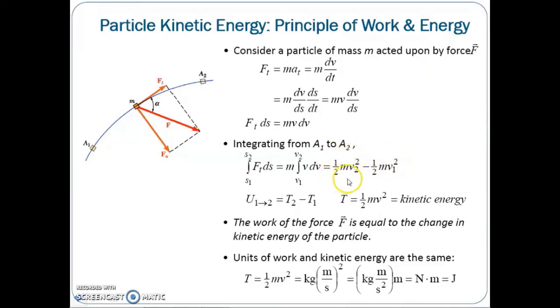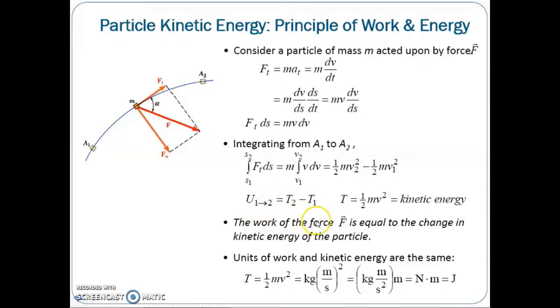And this 1 over 2 m v squared can be represented as T, and we call this the kinetic energy. So the principle of work and energy, in other words, can be written as U1 to 2, the work of a force, is equal to the change of the kinetic energy, T2 minus T1.